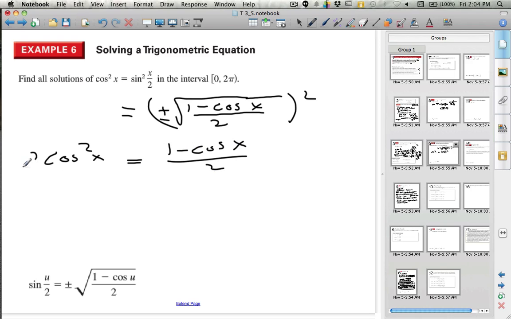If I multiply both sides by 2, I'll get rid of that. And then if I want to go ahead and add cosine of x to either side, equals 1.